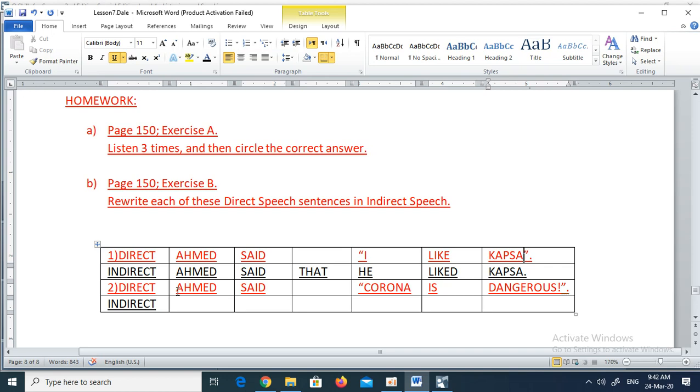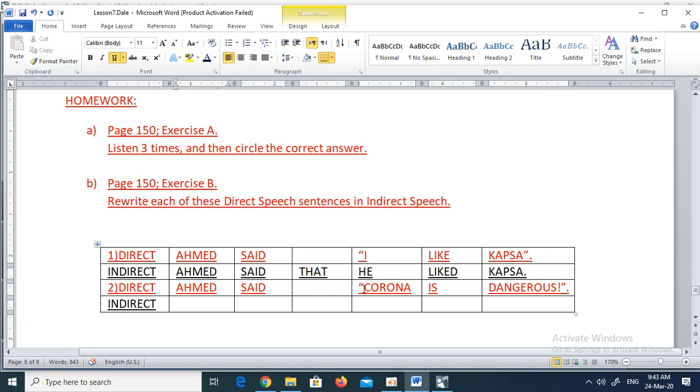Now, in our second example, Ahmed said, "Coronavirus is dangerous." Again, this is direct speech. Ahmed's exact words are, "Coronavirus is dangerous."